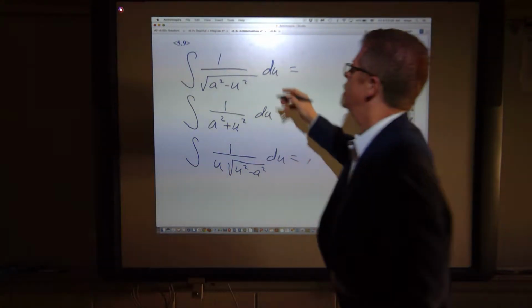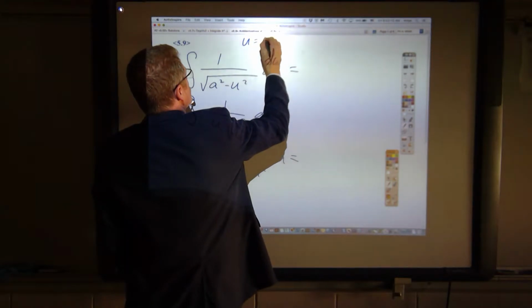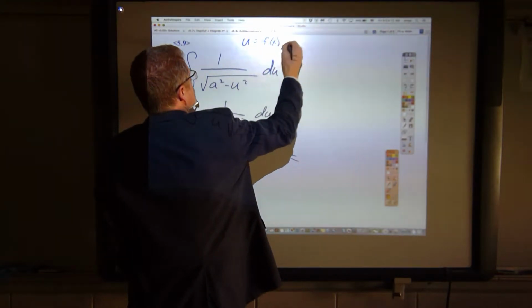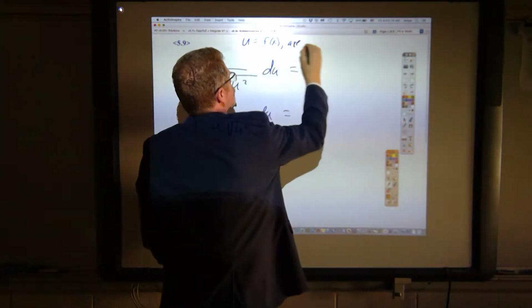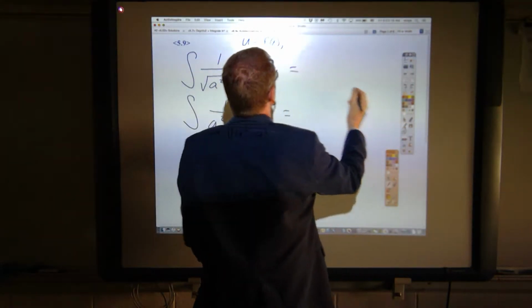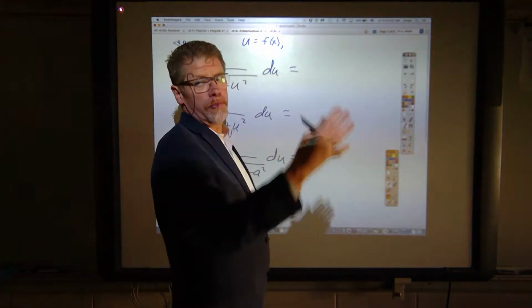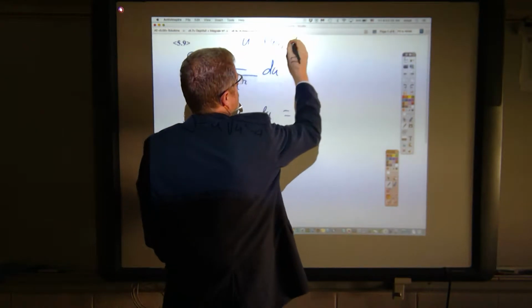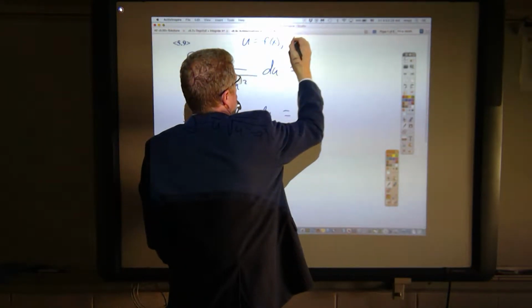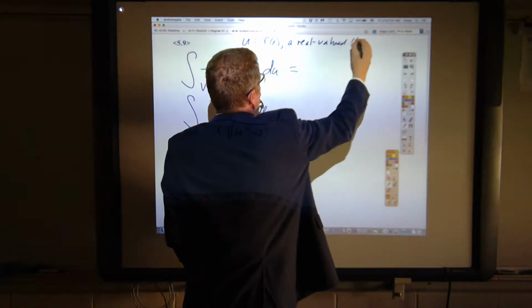Okay, by the way, for definitions, u represents a function of x, which is going to be a real valued function. Since we talk a lot about what symbols mean, both in movies and in math, let's be very careful here. Just like on the AP test, f of x represents a real valued function.